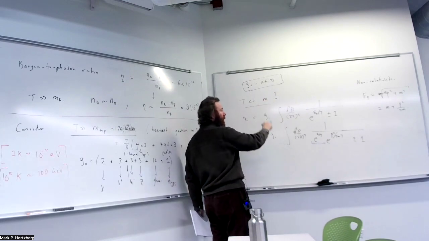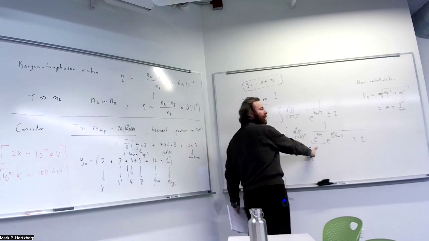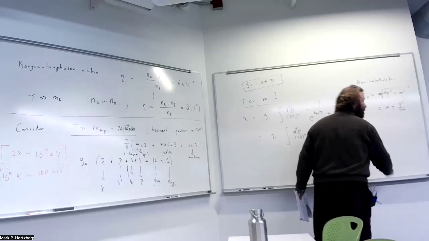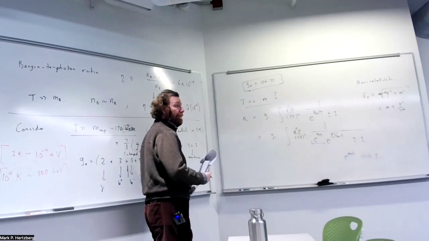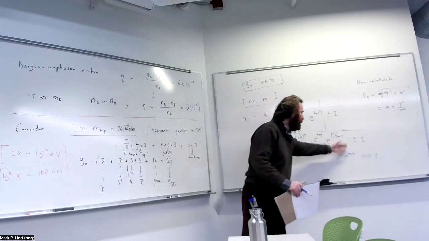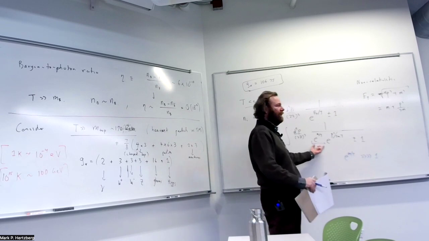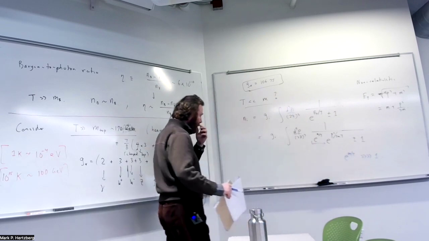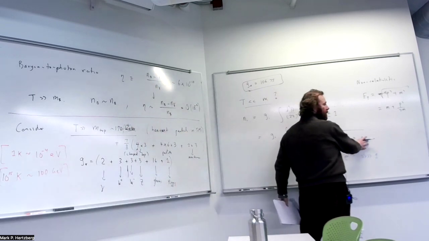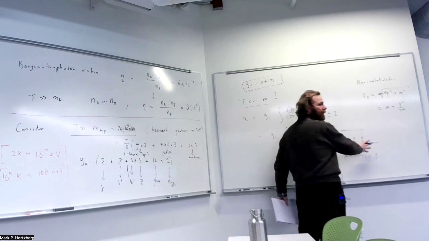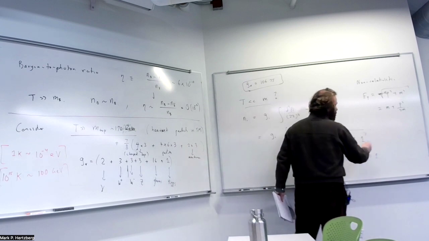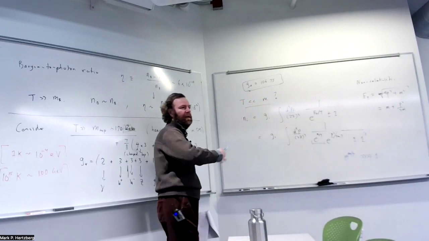So e to the m over T is a gigantic number, much, much bigger than 1. You go down to, say, 0.1 the mass, 0.01 the mass, et cetera, you're getting e to the 10, e to the 100, and so on. So this is a gigantic number as we get to lower temperatures. And that means that this term completely dominates over the plus or minus 1. The plus or minus 1 in this limit is completely irrelevant compared to some exponentially large quantity. So you can ignore it, and in this way, the bosons and the fermions will share the same approximation.